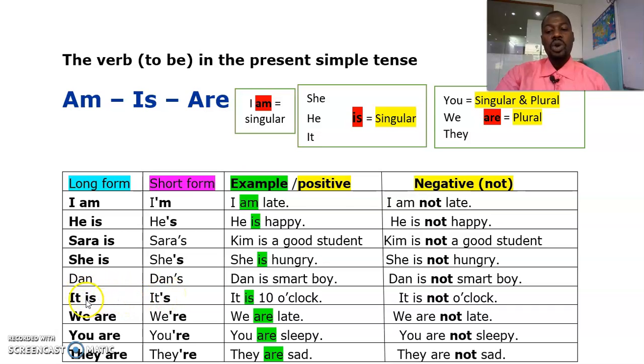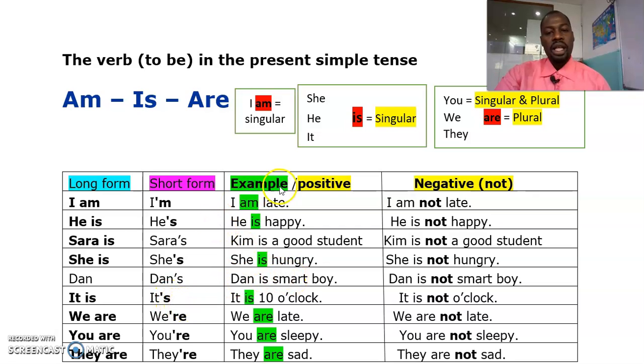So in this sentence also, we remove the letter I and replace it with an apostrophe. So an apostrophe makes the word short, and it's easy to pronounce and use. And it's also good to use when you're speaking or having a conversation.